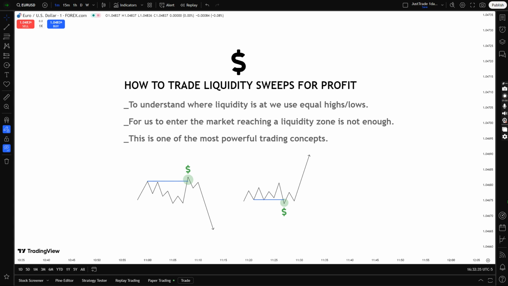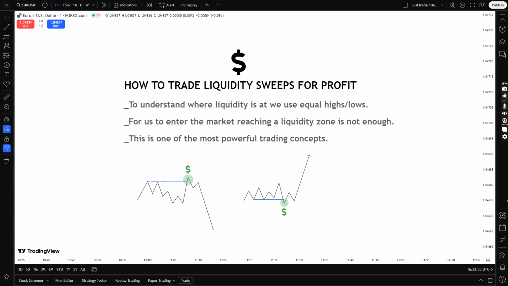By the way, now it may look confusing. I'm going to show you in the market and you will understand. It's a really simple but powerful setup. In fact, this is one of the most powerful trading concepts, in my opinion, together with fair value gaps, but I prefer it even to fair value gaps. This is really my favorite.